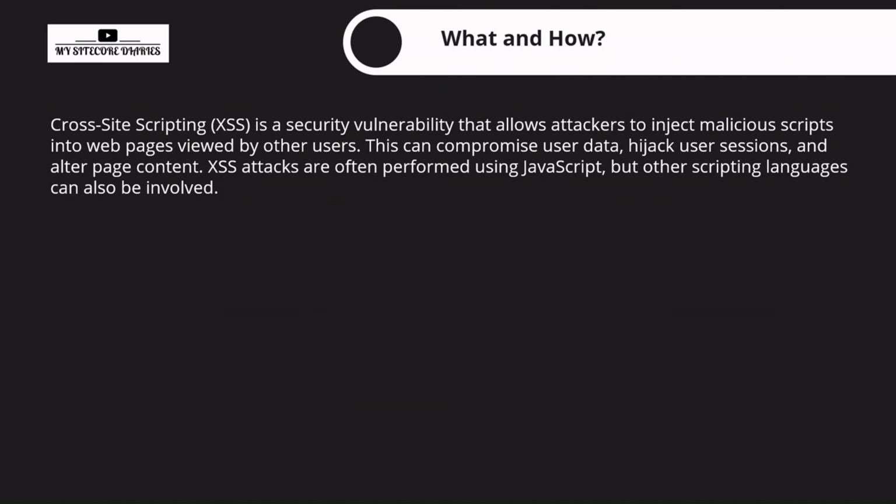Cross-site scripting, also known as XSS, is a security vulnerability that allows attackers to inject malicious scripts into web pages viewed by other users. This can compromise user data, hijack user sessions, and alter page content. XSS attacks are often performed using JavaScript, but other scripting languages can also be involved.